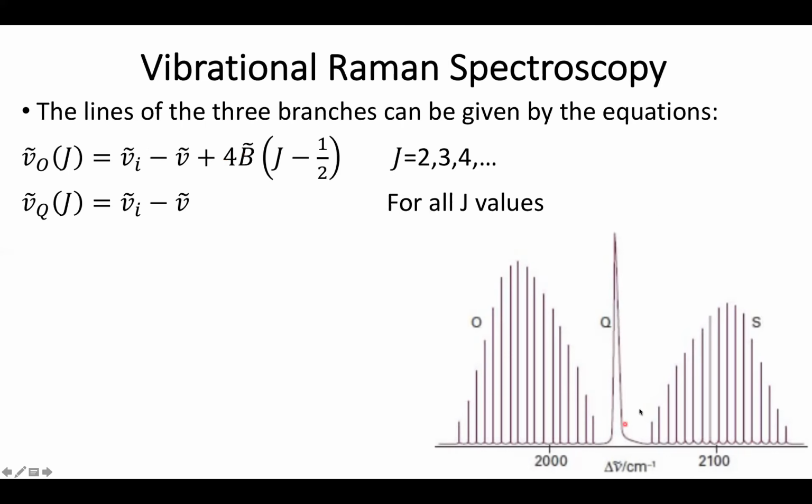We then have the Q branch, which again shows no changes in J states, which will then result in its higher intensity. And as a consequence, it is at a static location, as it will simply differ from my incident radiation based on the vibrational constant, which again includes many important factors such as the stiffness of the bond, or our force constant for the harmonic oscillator.